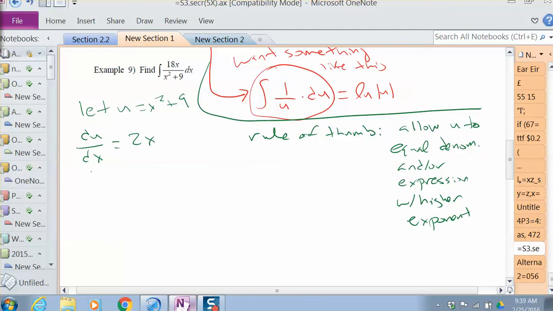And if I move things around, du equals 2x times dx. And I could probably divide both sides by 2. Because now we see an opportunity to get rid of that x dx. X dx is going to be replaced with what? Du over 2.